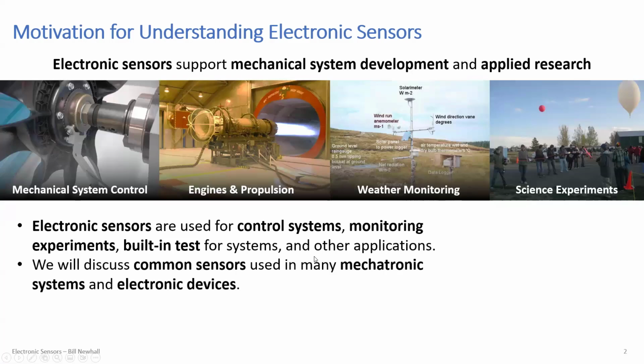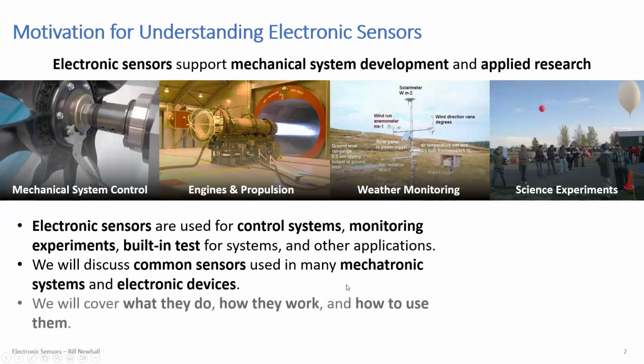So we're going to discuss several common sensors that I think apply to mechanical systems and otherwise electronic devices that are connected to mechanical systems. So we're going to cover what they do, how they work, and how to use them so that you can apply these in the future.